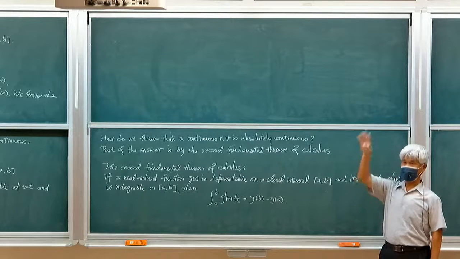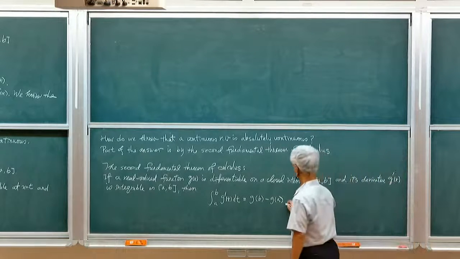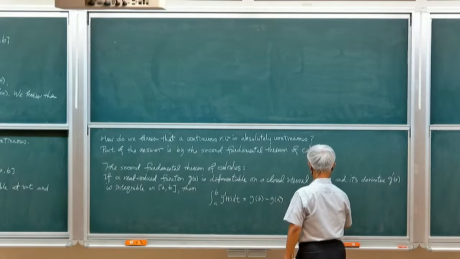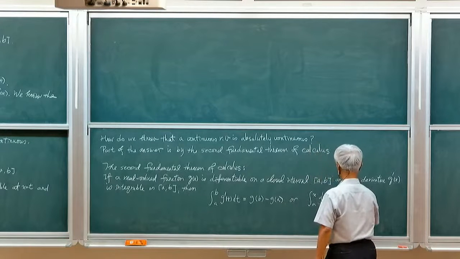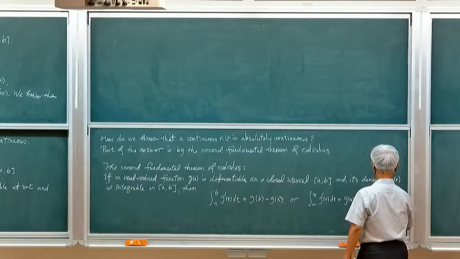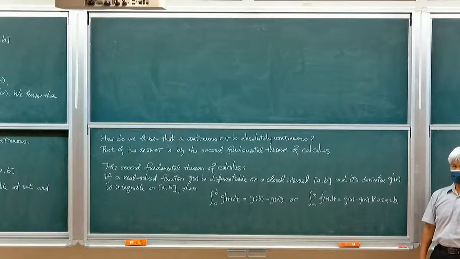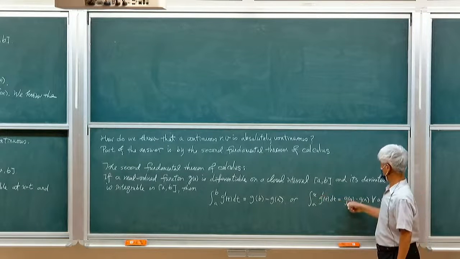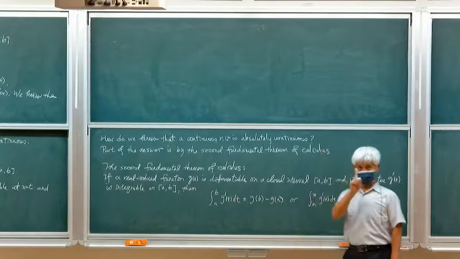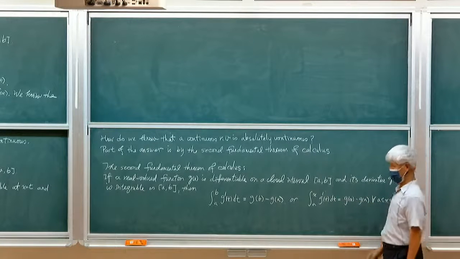So we can recover the function. Another way to say it is that this is equal to g(x) minus g(a). This is more informative, because you can return to your original function g of x up to a constant, namely minus g(a).